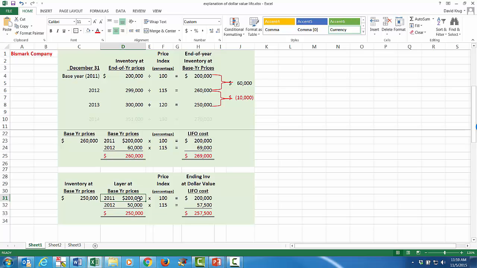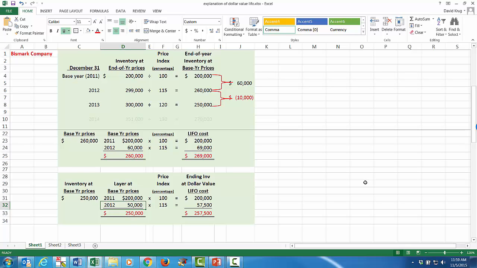Now what we do is we multiply those amounts times the applicable price index. Once again, this is times 100%. And we multiply this not by 1.20, but by the 1.15, because we did not create a new layer. We are still dealing with 2012 layers.